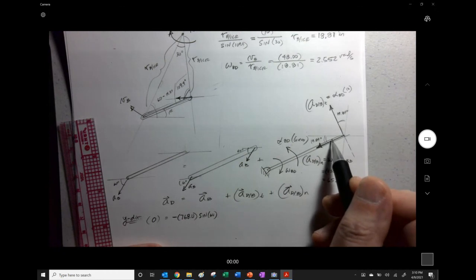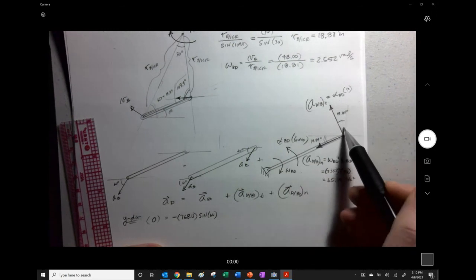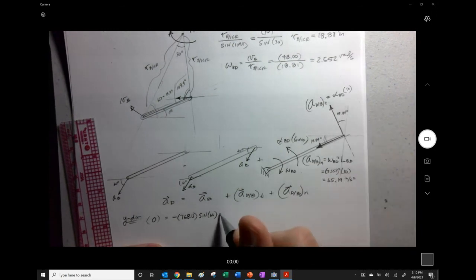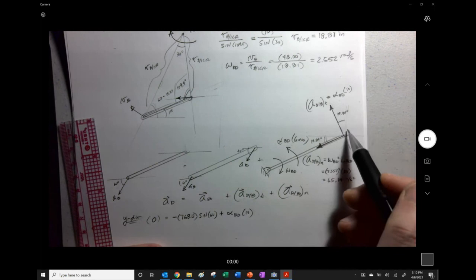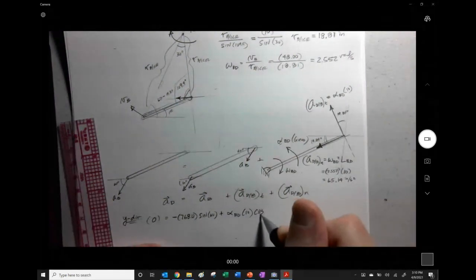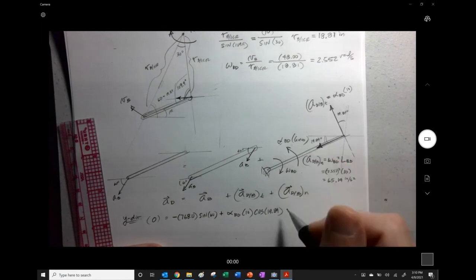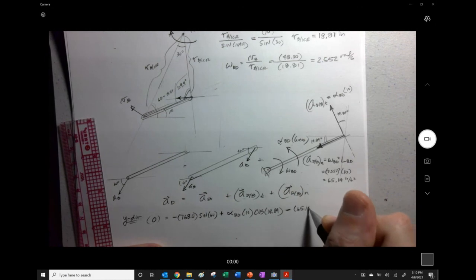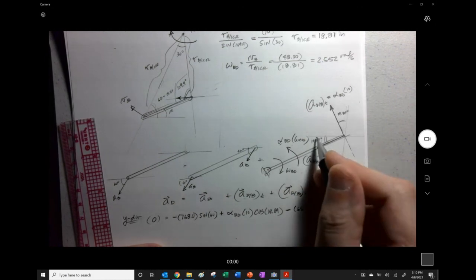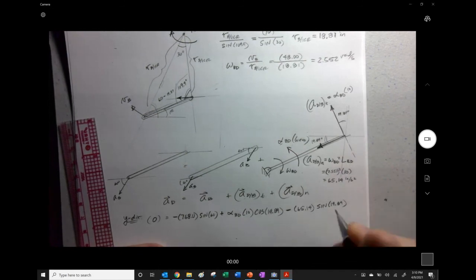And then I'm going to go to the tangential because I wrote tangential first. It's going to be positive. That was our guess in the Y direction. Alpha BD times our length 10, and then that's going to be the cosine of 19.89 degrees. And then this one's going to be negative, and it's going to be 65.14, and it's going to be the sine of 19.89.